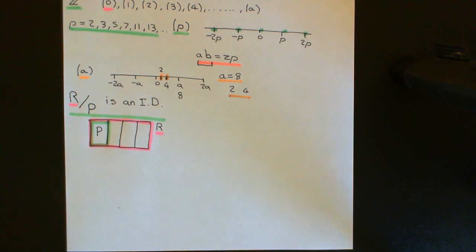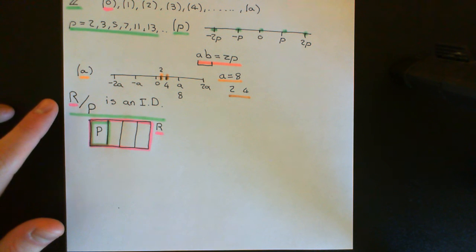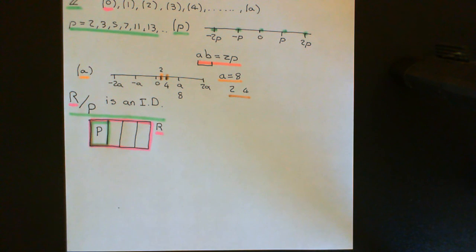These additive cosets are going to become the elements of my quotient ring, and then we can define an addition law and a multiplication law on those cosets, which involves taking representatives from the cosets, adding or multiplying those together in the initial ring, getting the answer, and then taking as your coset answer the coset that contains the answer in the ring. We know that that's well defined and that it indeed obeys the axioms of ring theory. We also know that if we start off with a commutative ring, the quotient ring that we end up with will be a commutative ring.